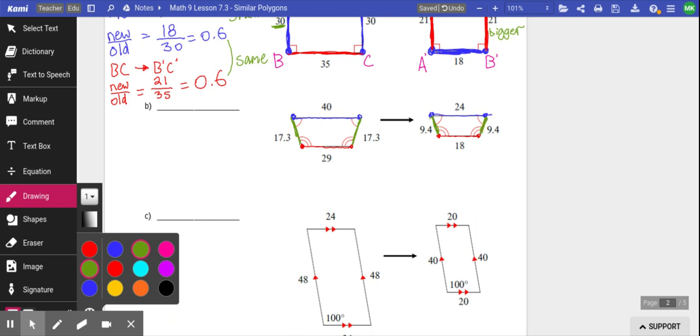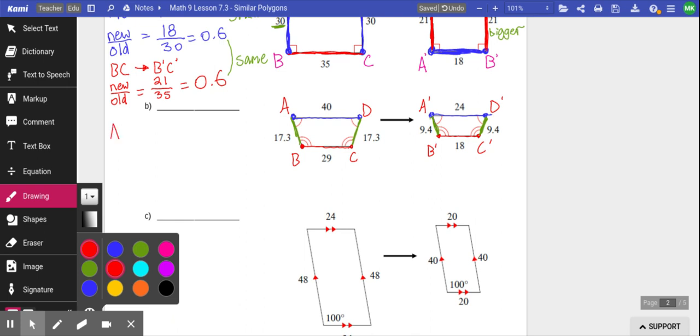To check if these are the same, that means that if I was to label these corners A, B, C, D, and A prime, B prime, C prime, D prime, that all the ratios or all the scales should also be the same.